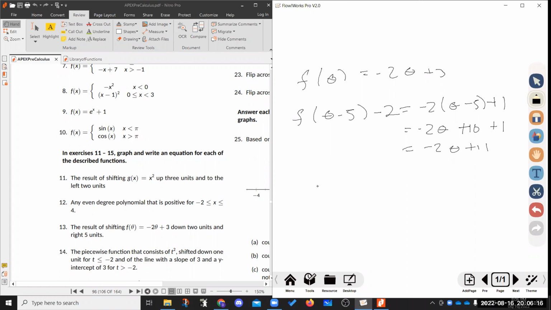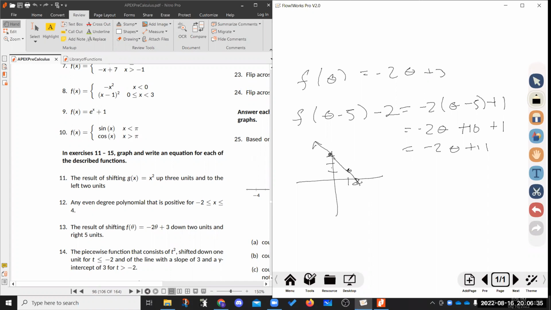So we start off with y equals -2x plus 3, basically. So 1, 2, 3, going down 2 and right 1, like so.